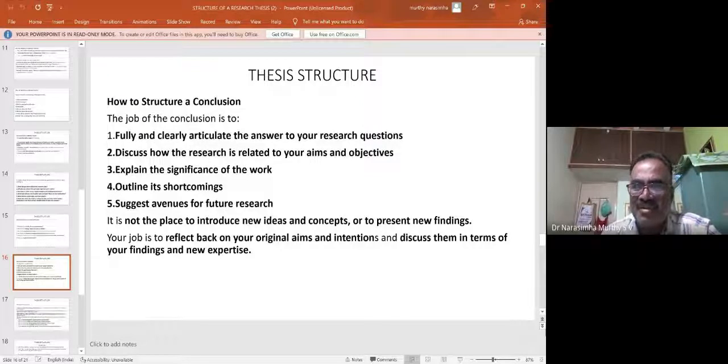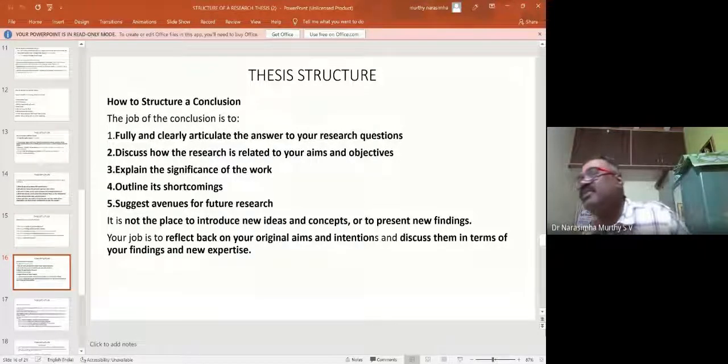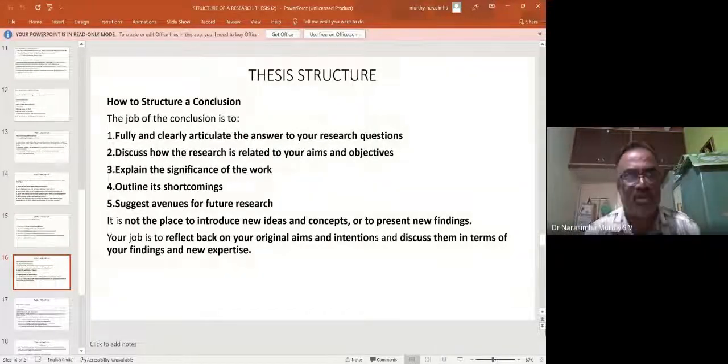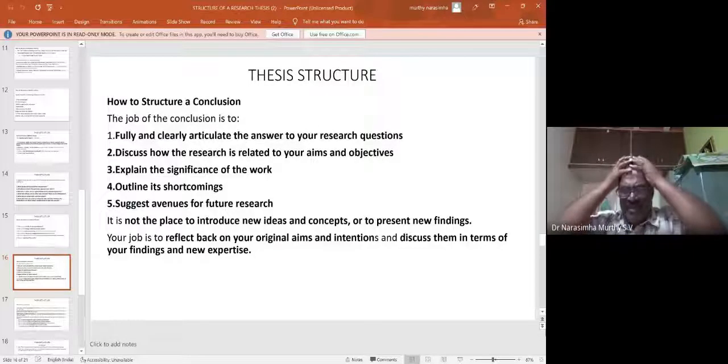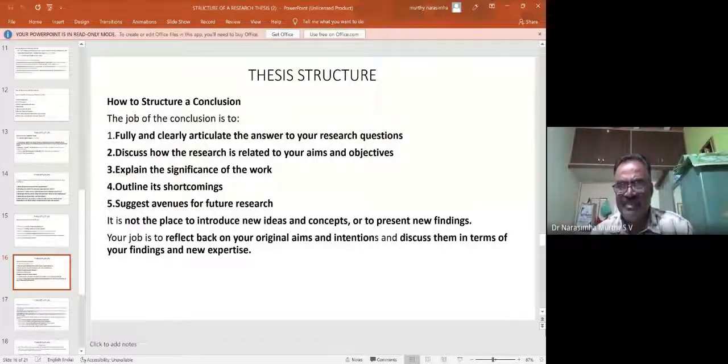Remember, in conclusion, the most important thing: never introduce any new ideas or concepts. No new findings. It is only a kind of reflecting back on your original aims and intentions. Why am I telling this? By the time you come to write the conclusion, you will have amassed a lot of knowledge.